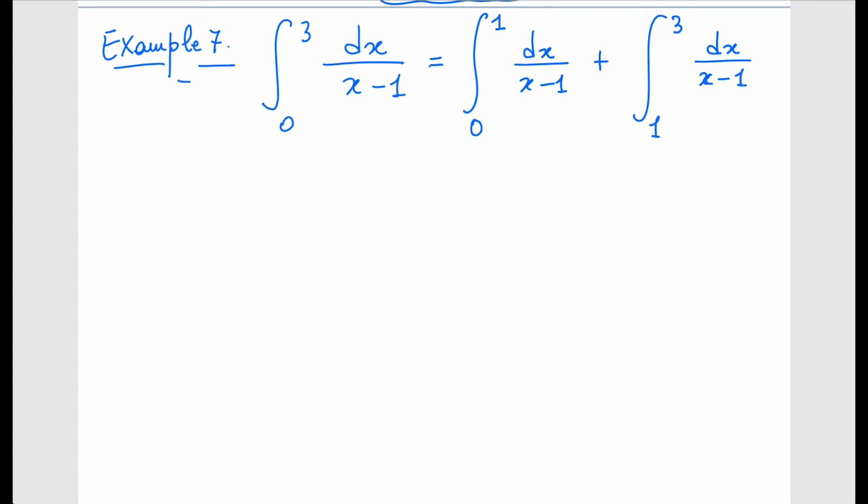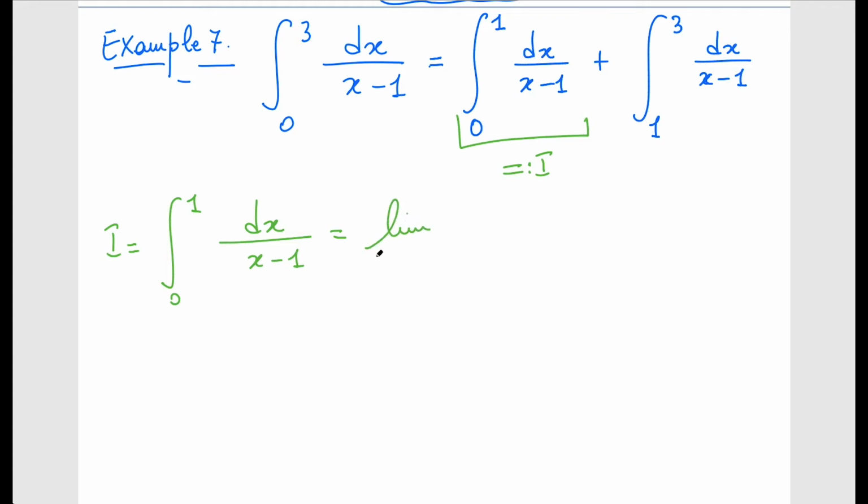All right, so let's call this one I and try to find what it is. So I is the integral from 0 to 1 of dx over x minus 1. As I told you above, to evaluate this I'm going to need part A of the definition.